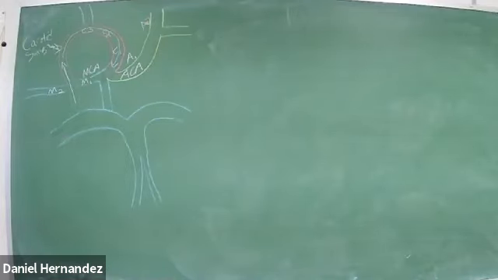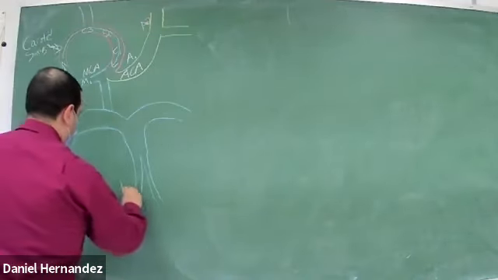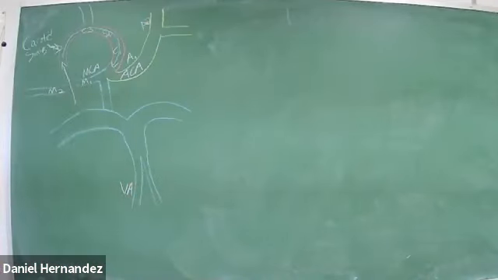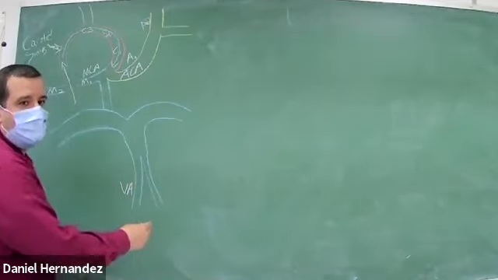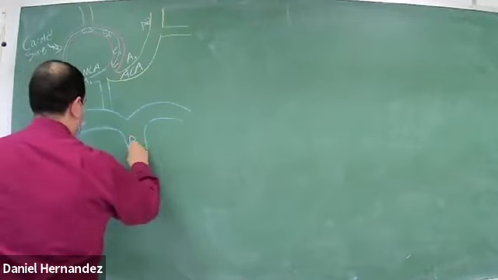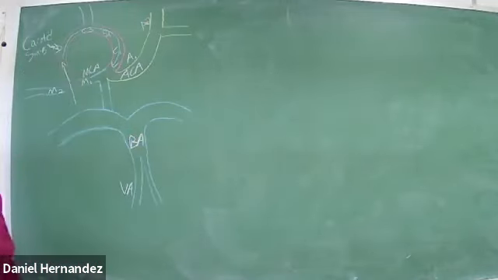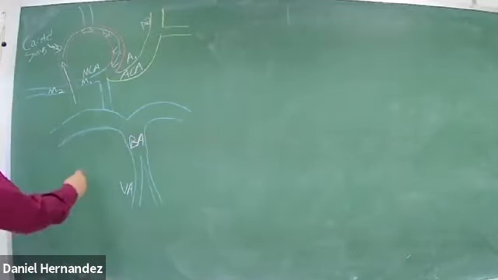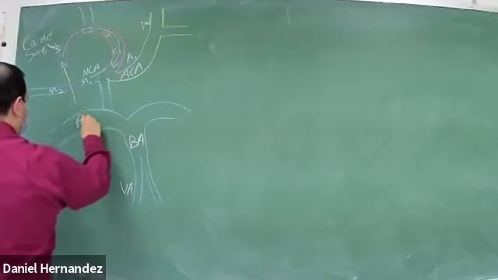So our posterior circulation, we have our vertebral artery, then our basilar artery, which then splits into our two posterior cerebral arteries, PCA.